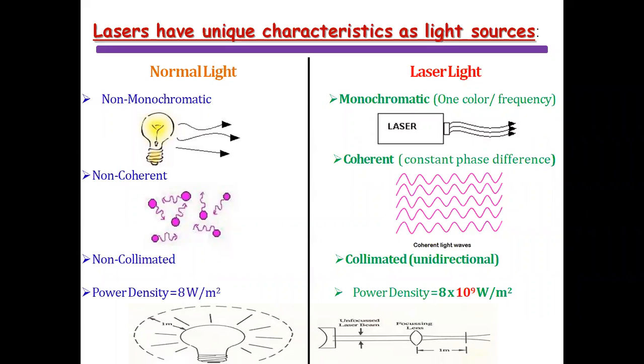That is why we don't use lasers for daily purposes. Lasers are used for special purposes only, and even though they have very high intensity, we are not going to illuminate our rooms with lasers. That is because of the power density of laser. I think this is enough about the comparison between normal light and laser light. Just observe it and forget about it.